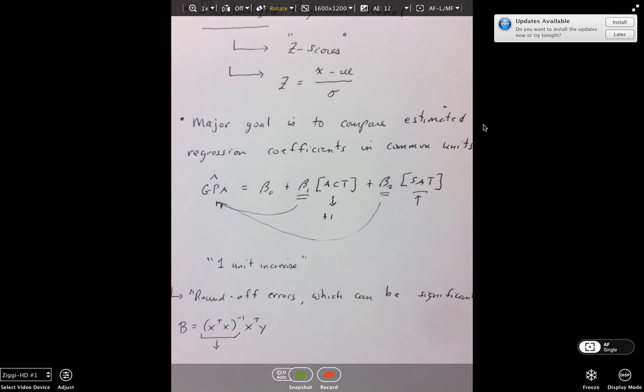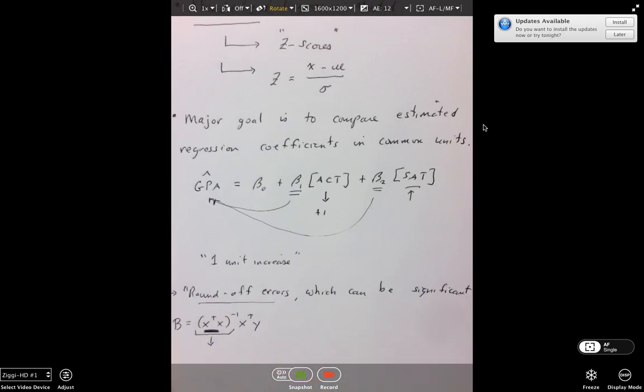There's also a situation where we get variables that are highly correlated, and we get into something called multicollinearity, which is a topic we're going to get into next week. In that situation, the calculation of taking the inverse creates round-off errors, and it creates issues with calculations.